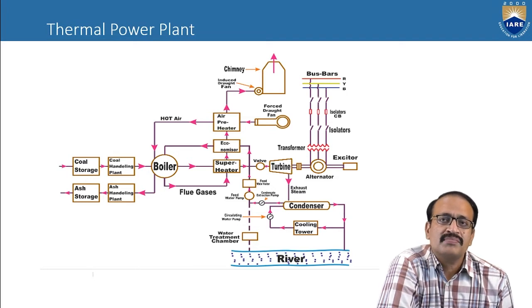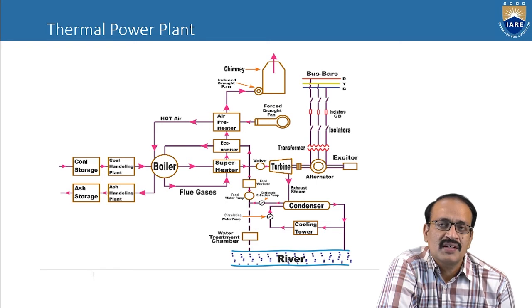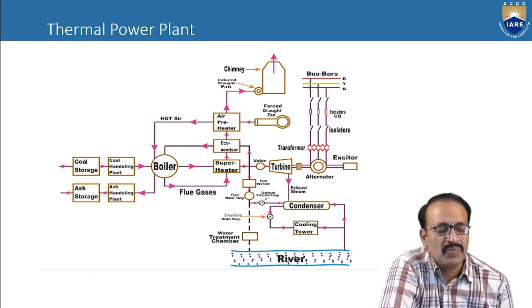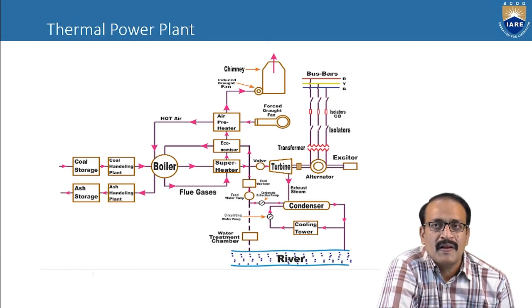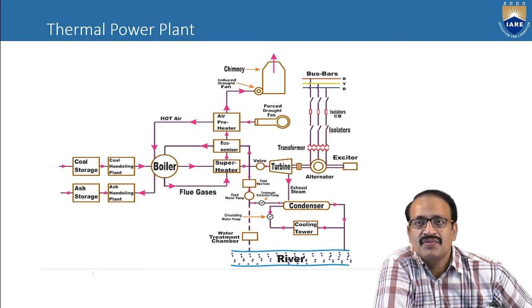From the boiler, there will be arrangements such that the steam will go to the turbine, and the turbine is going to rotate, and it is coupled to the generator.